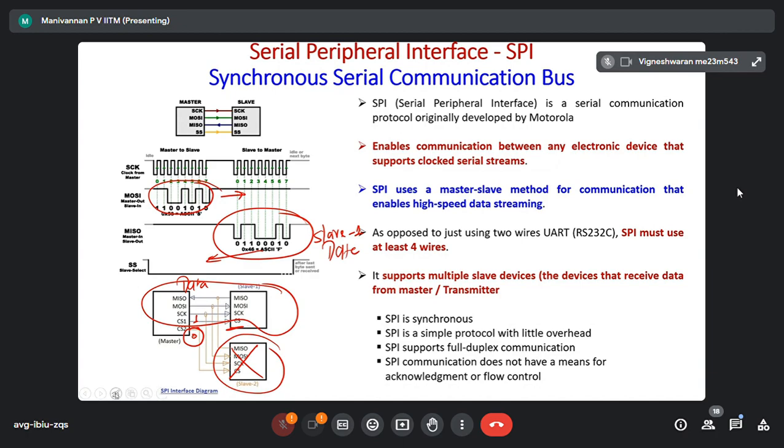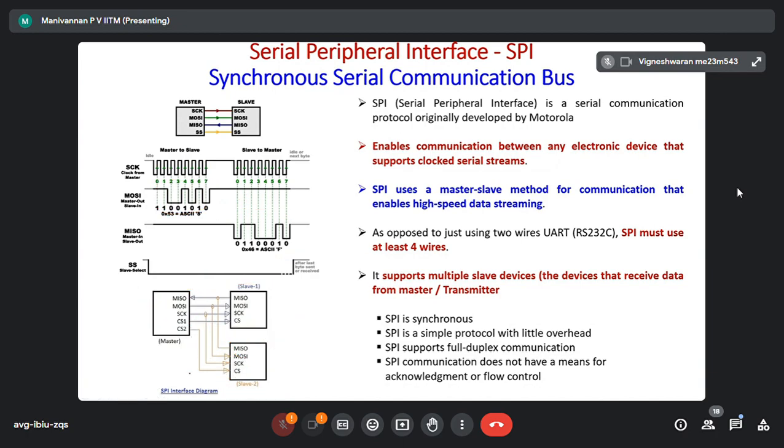If master selects this equal to 1, this equal to 0, the data from the master will go to slave 1, correct? And the data from the slave will come to master. This fellow cannot respond. So there is no requirement of arbitration at all because you are clearly selecting for which device data should go by selecting the CS signal, chip select signal.